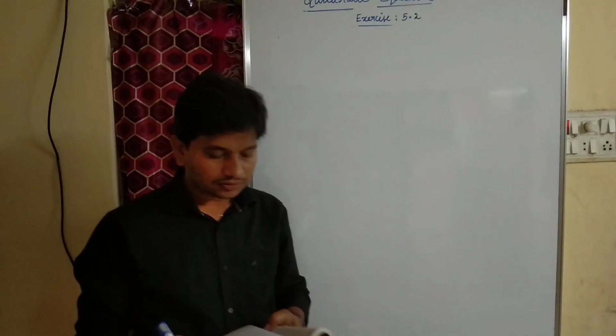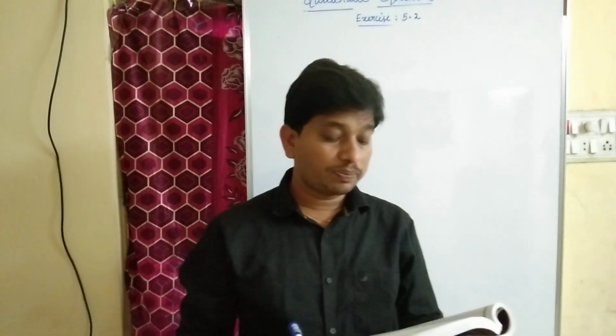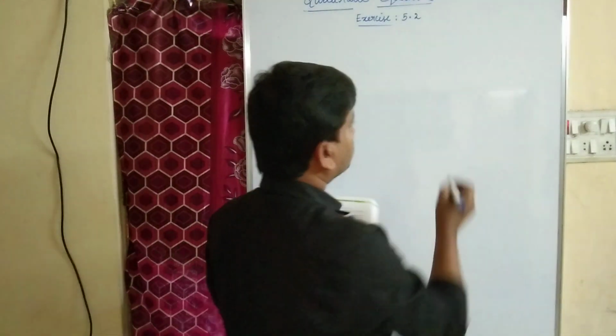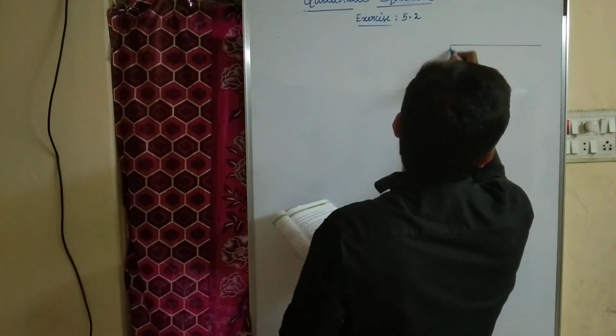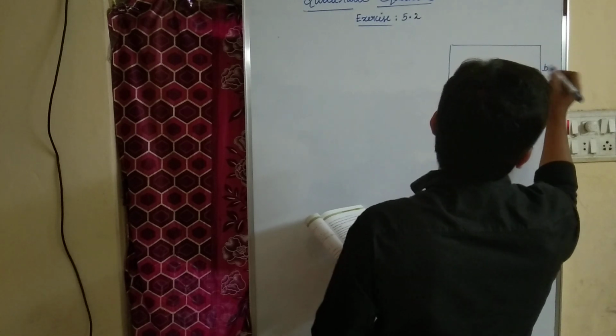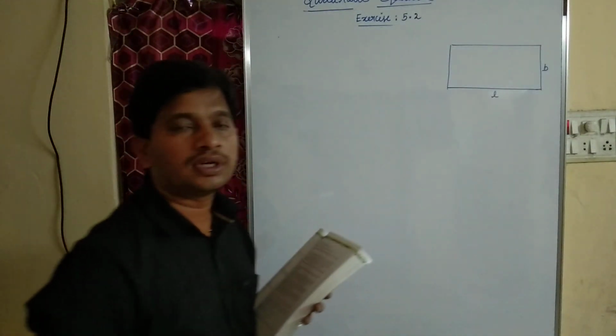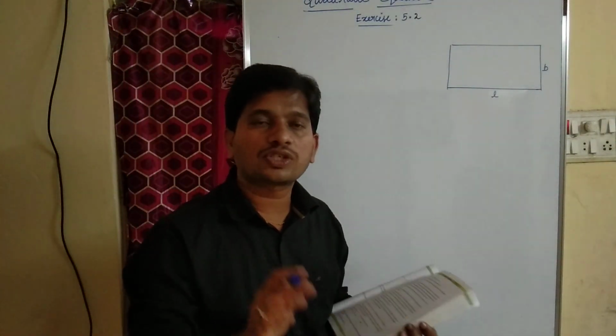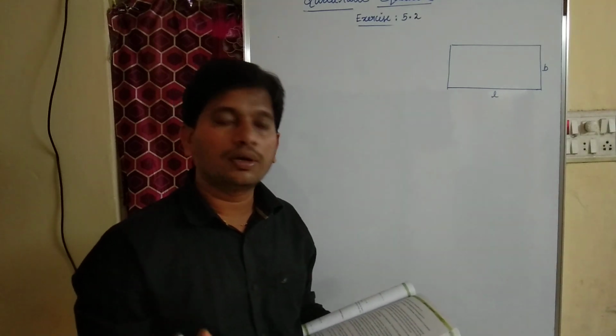Now coming to sixth question. Find the dimensions of a rectangle whose perimeter is 28 meters and whose area is 40 square meters. What are the dimensions of a rectangle, children? The dimensions of a rectangle are length and breadth. In a rectangle, the longest side is called length and the shortest side is called breadth.